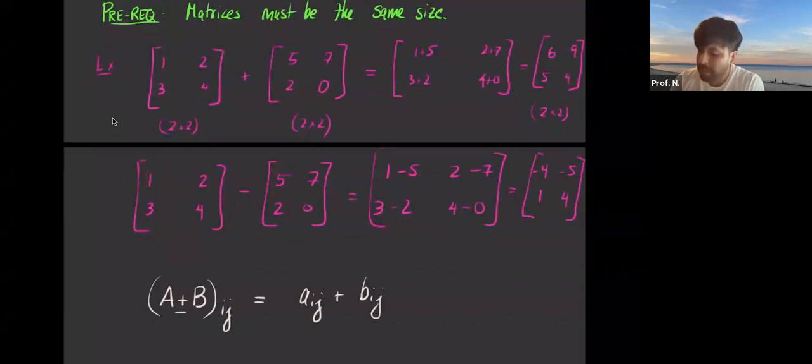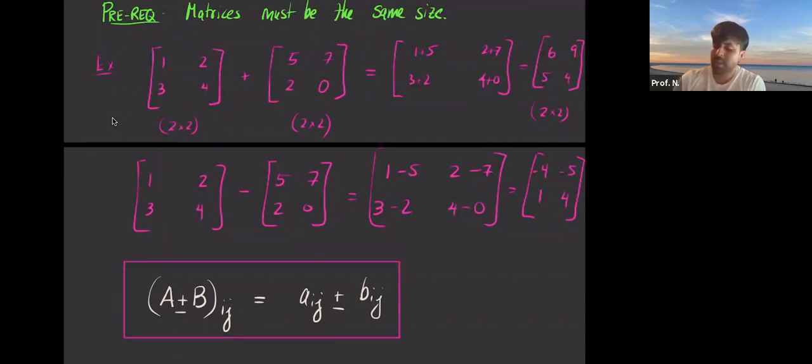You can put a minus sign as well. So this is the general idea of adding and subtracting matrices. It's just that the prerequisite for adding or subtracting matrices is that they have the same size. If you don't have the same size, you can't do this. So it's natural.